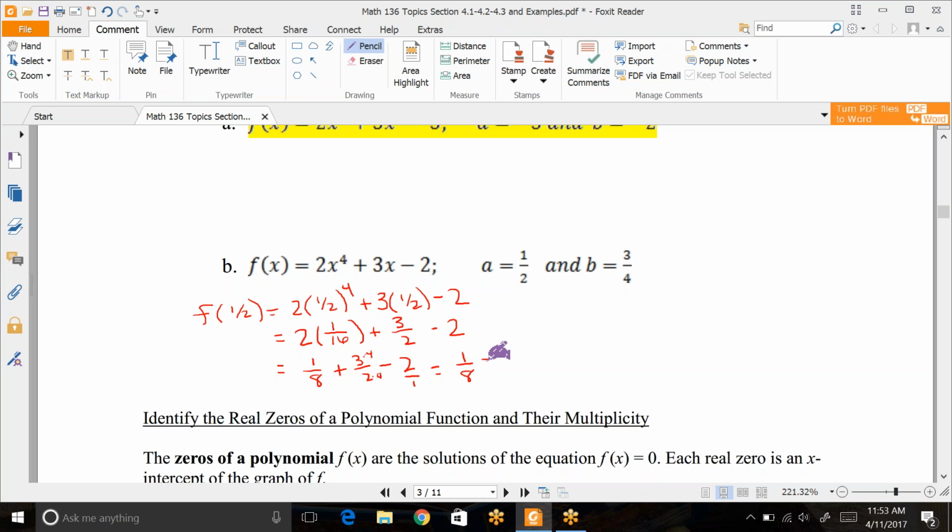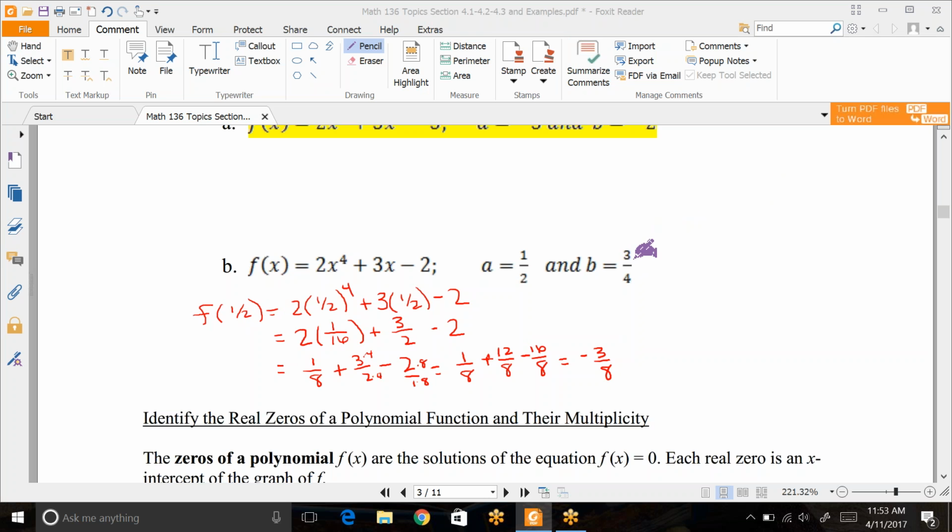So that would be plus 12/8. And this times 8/8. So minus 16/8. So this comes out to 13 minus 16. So this is negative 3/8. So when we evaluate the function at 1/2, we get a negative value of 3/8.